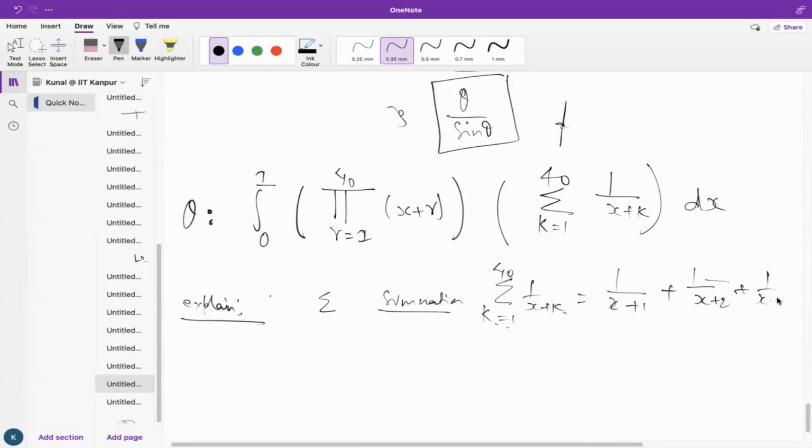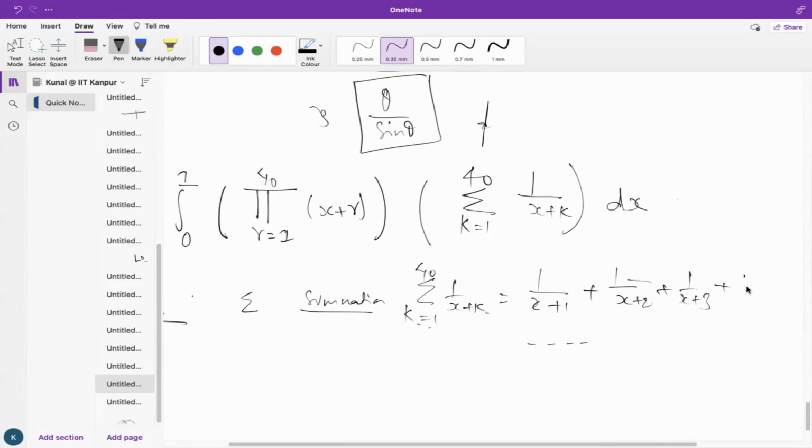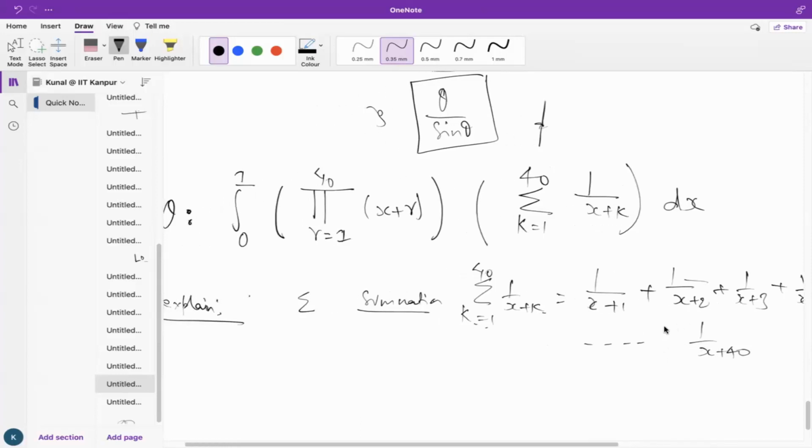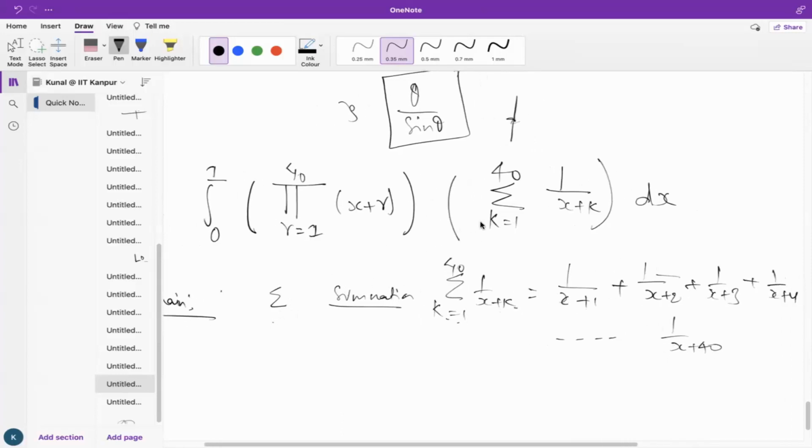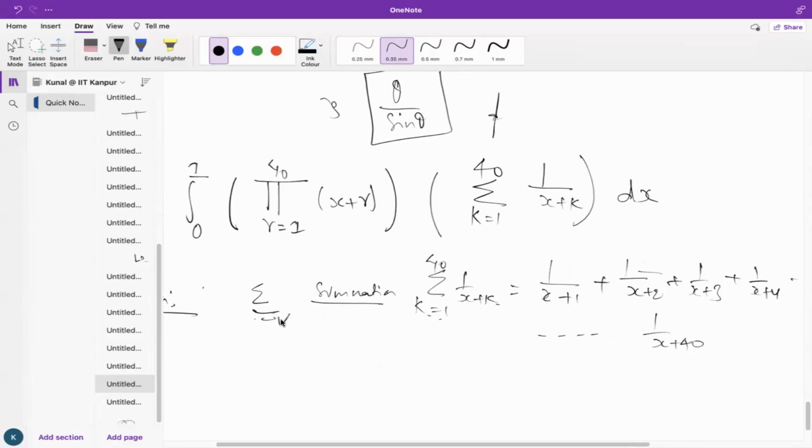Next is 1 by x plus 3, 1 by x plus 4, and so on. Where will it go up to? Up to 1 by x plus 40. So this symbol represents summation. You have to know this. If you didn't know, that's fine. This symbol is known as summation.